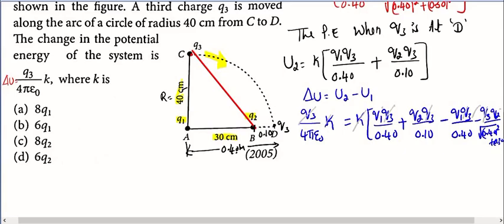So finally what remains is 1 divided by 4 pi epsilon naught.